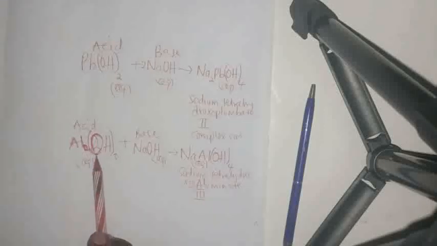So we have an aqueous solution of aluminium 3 hydroxide, then sodium hydroxide, and sodium tetrahydroxoaluminate 3 as our product. One aluminium atom, and we have 3 oxygen and 1 oxygen, those are 4. Then 3 hydrogens, then 1 hydrogen, those are 4. So it's actually balanced.